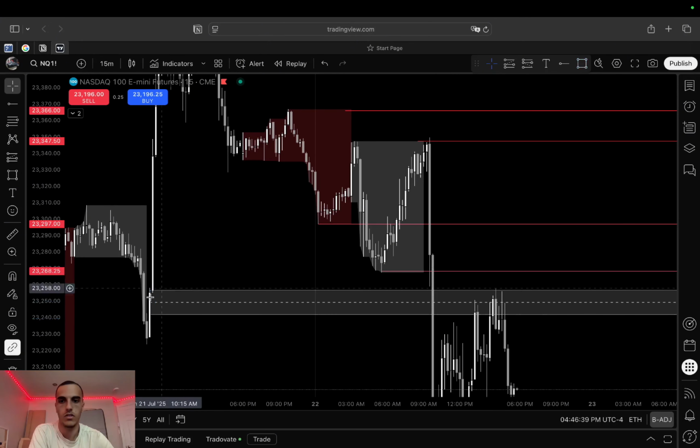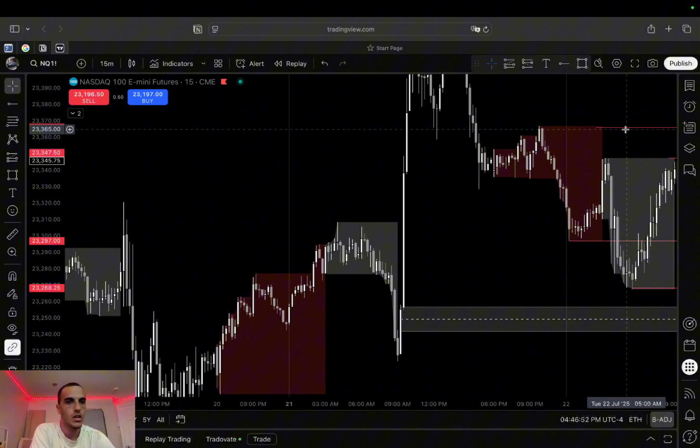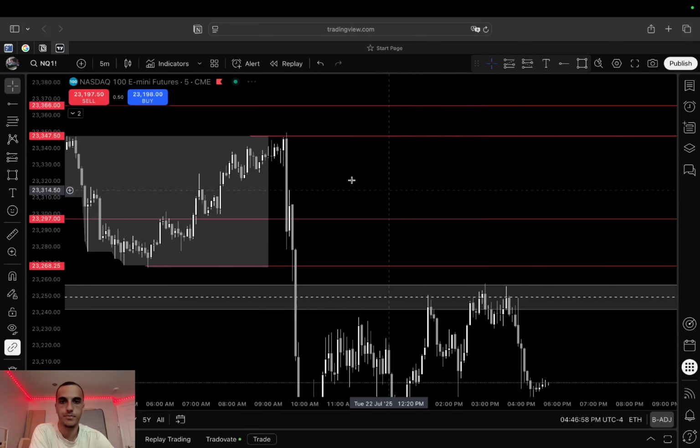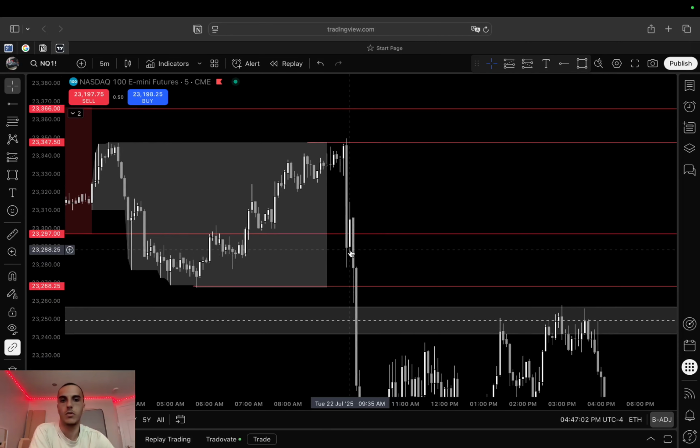We have an unfilled fair value gap right there. So price will most likely come down and fill it at some point, right? Then I didn't see anything else, so I went back to the 5-minute time frame. And from there, we wait till market open so we can start looking for trades.